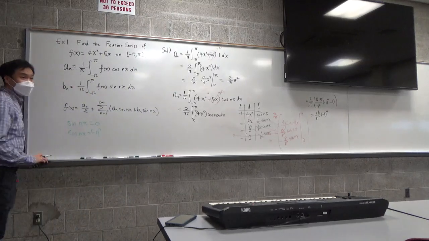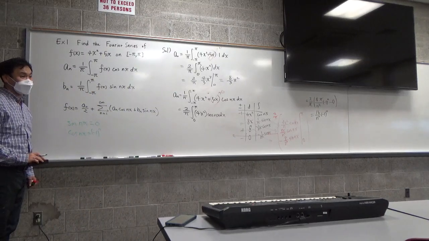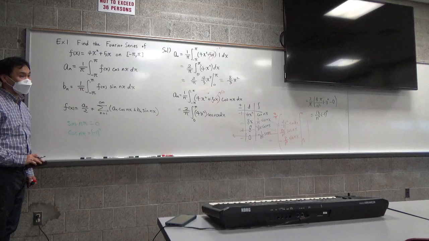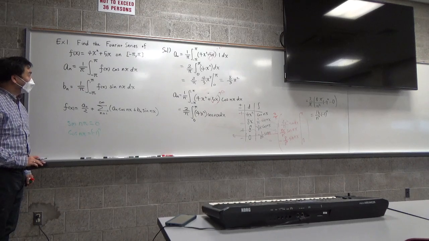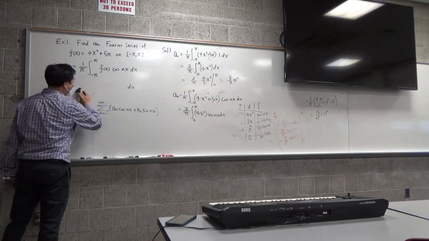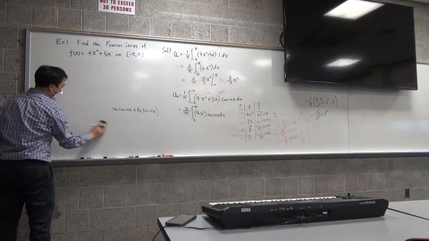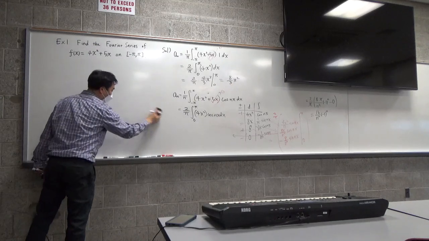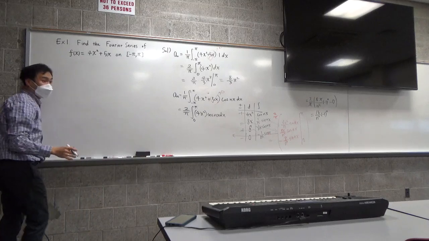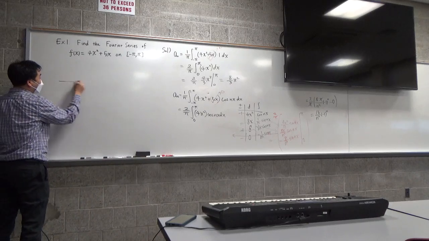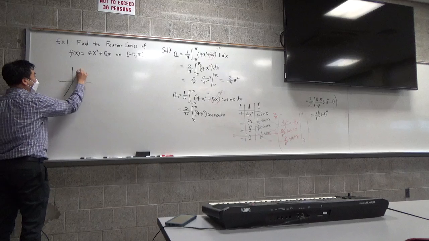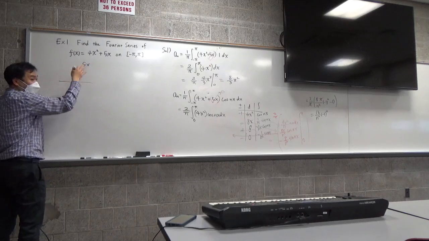Professor, quick question. So why were we able to cancel out the 5x, because it was odd? Right. So I was talking about last time that x to the first power, or x to any odd power, is what we call an odd function. So if you look at the graph of 5x, it's like that.